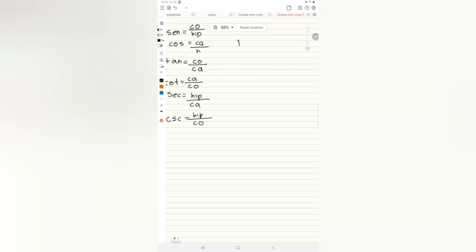So if we have that the tangent of the angle is equal to the sine divided by the cosine, we can demonstrate it by putting this in terms of the trigonometric functions. For example, we can say that the tangent is equal to the opposite leg divided by the hypotenuse, and all this divided by the adjacent leg divided also by the hypotenuse.